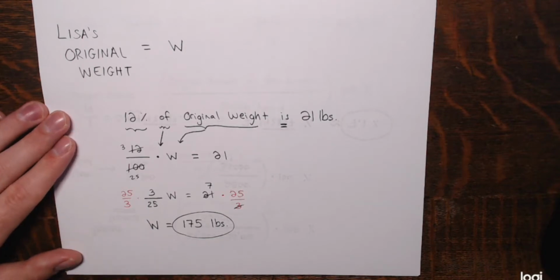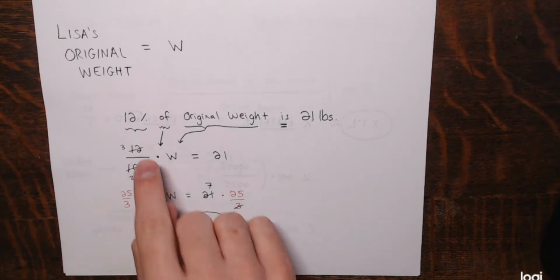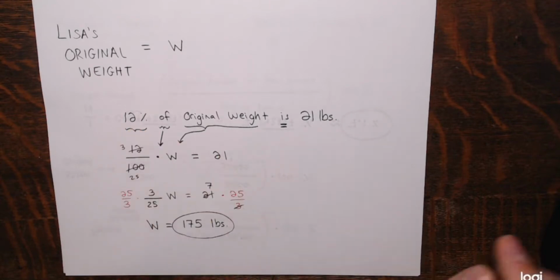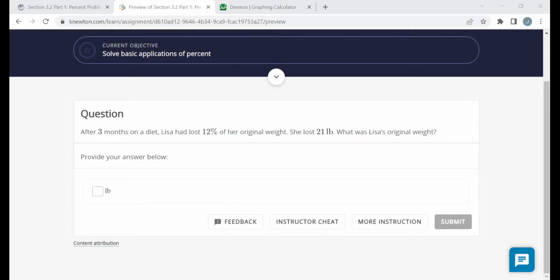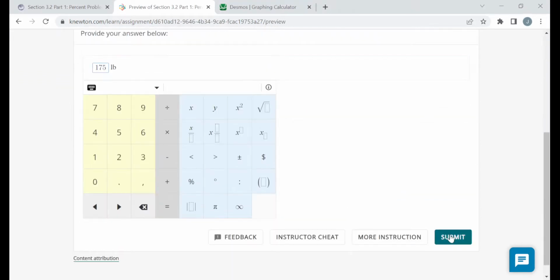Lisa's original weight was 175 pounds, because 12% of that is 21 pounds. If you were to take 175 and multiply it by 12% or 0.12, you'd get 21, and you can double check that. So 175 pounds was the original weight.